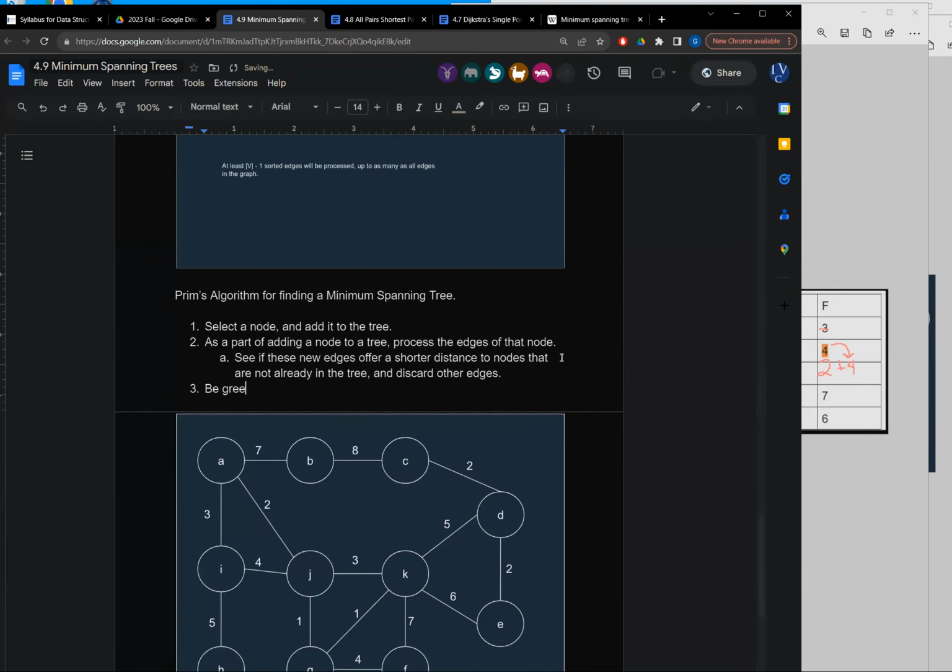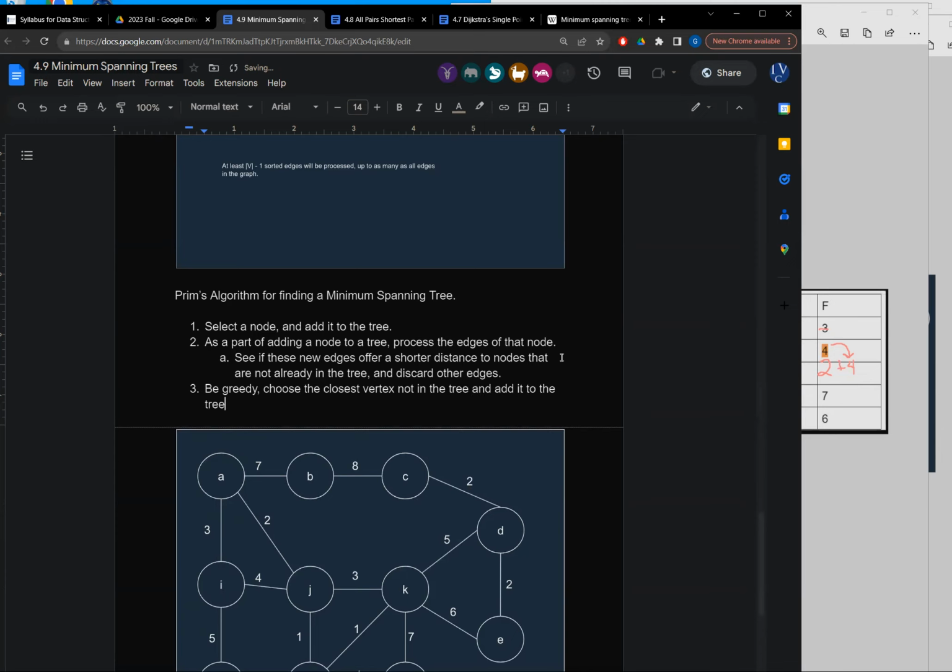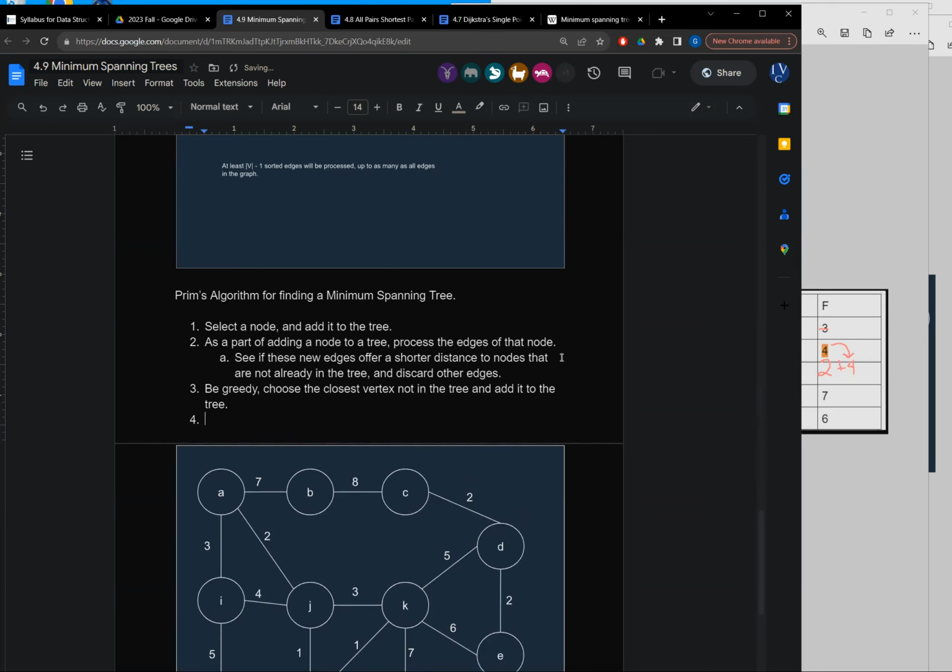Be greedy. Choose the closest vertex not in the tree and add it to the tree. And then repeat until a tree is formed.